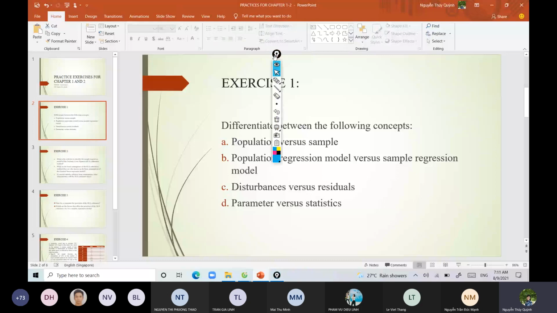So as we can take different samples from the population, we can have many different sample regression models, right? All right. So can you help me to write down the population regression model and sample regression model of a two variable regression model?